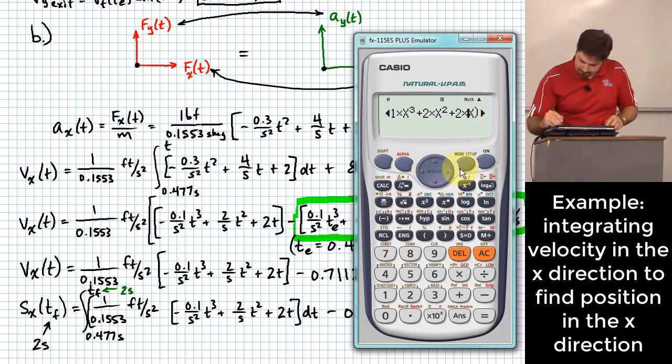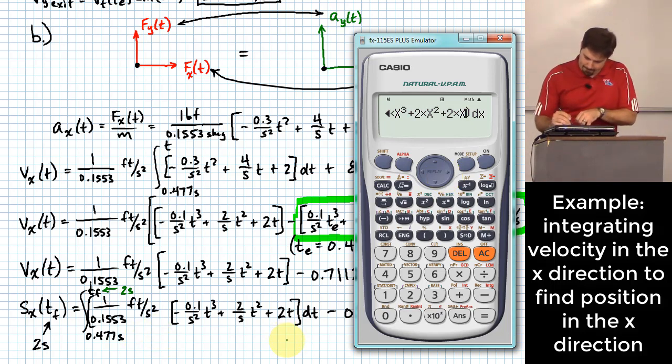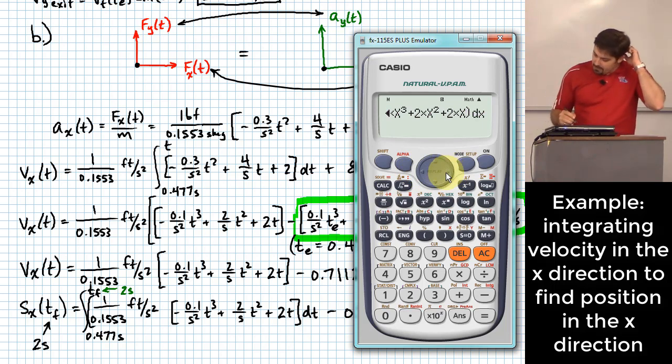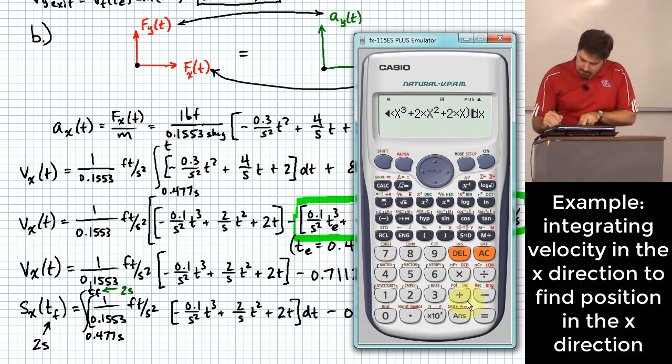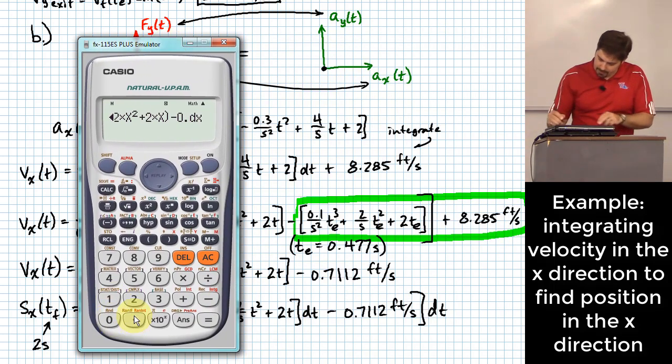Make sure I've got my parentheses right here, all right. And then I'm going to subtract 0.7112.